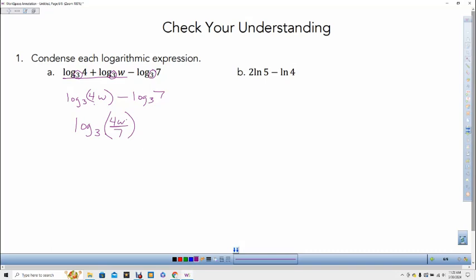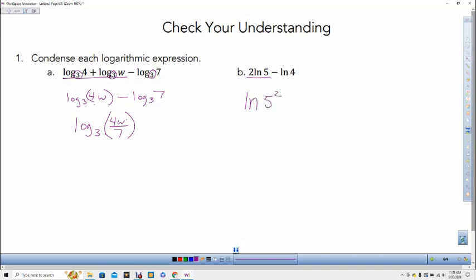All right, now over here, we're trying to get this as condensed as possible. In other words, a 1 log expression, nothing out front if we can help it. So this part right here, we can do the opposite of that power thing that we were doing. 2 natural log of 5 is going to be the exact same thing as the natural log of 5 squared.